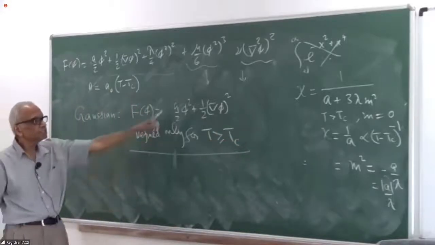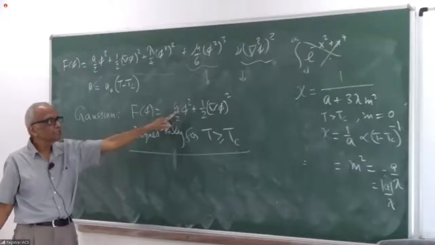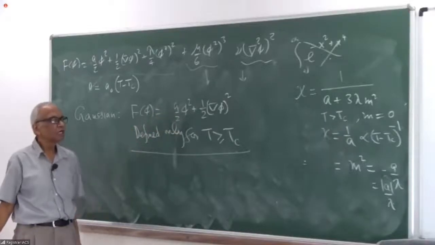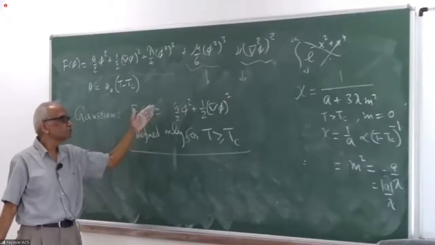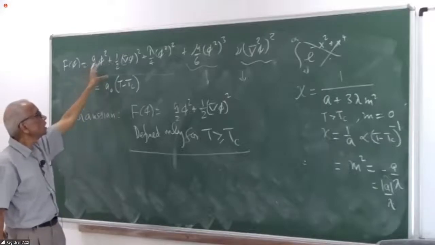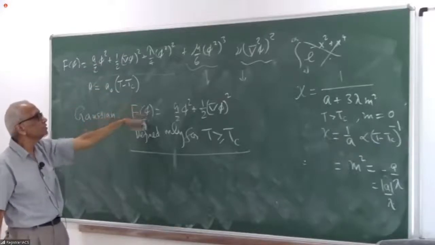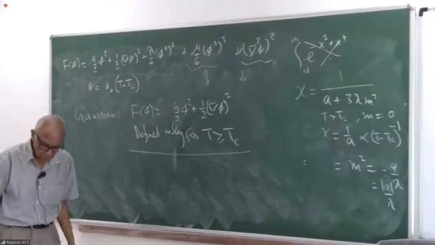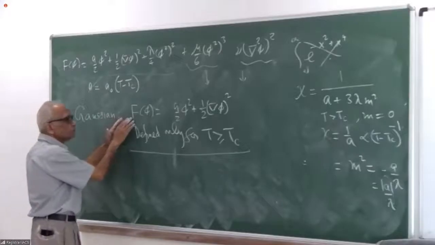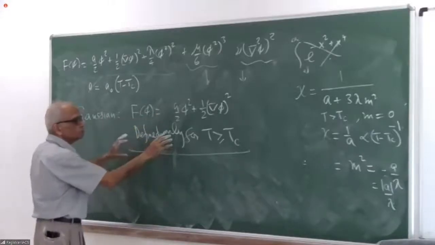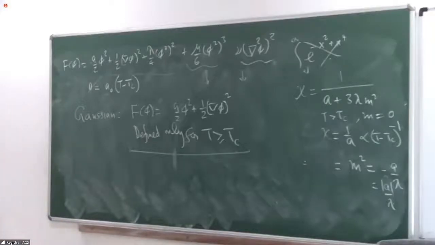If t is less than tc, then this Gaussian model is no longer valid, because there would be situations where the exponential becomes e to the power of positive things, making the functional integral ill-defined. So the Gaussian model is this one model over here, defined only for t greater than or equal to tc. All right, so we have gone somewhere.